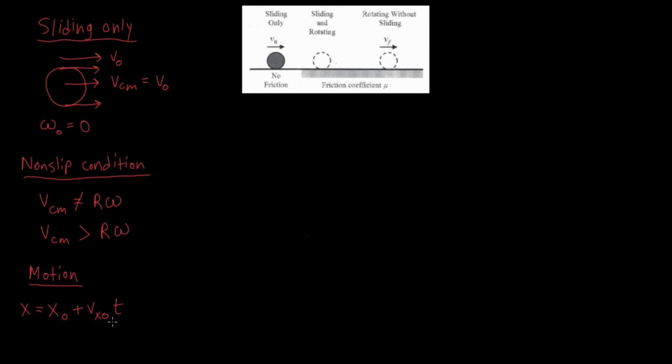And this variable t is exclusively for the period in which the object is sliding only. And that's plus 1/2 times the acceleration in the x direction times the time in which the object slides squared.